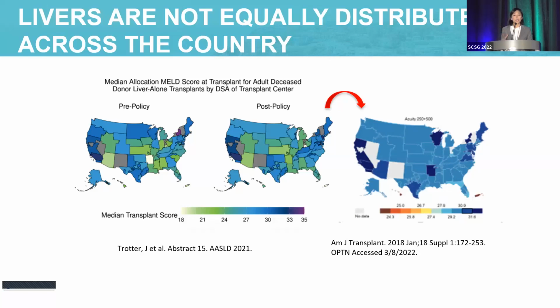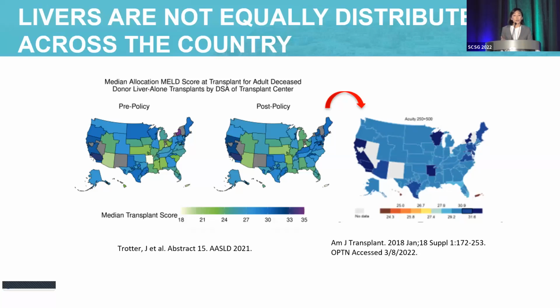But the map on the very left shows the median allocation MELD scores at the time of transplant really varying all across the country, from MELDs in the 20s all the way up into the 30s, and Southern California, again, being some of the darkest colors that you can see there in the very dark blue.